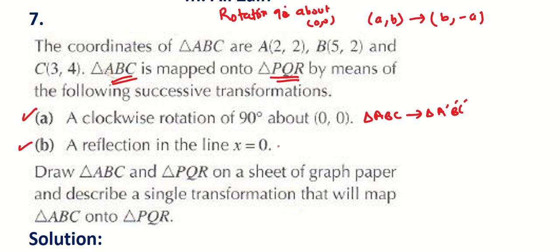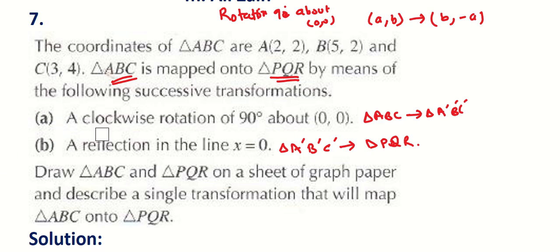After reflection in the line x is equal to 0, the resulting triangle from the previous transformation becomes triangle PQR. So the final triangle is PQR, and triangle ABC is mapped to triangle PQR after these two transformations.